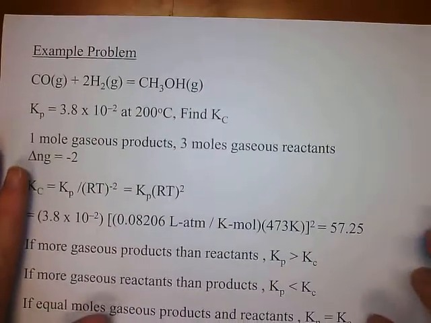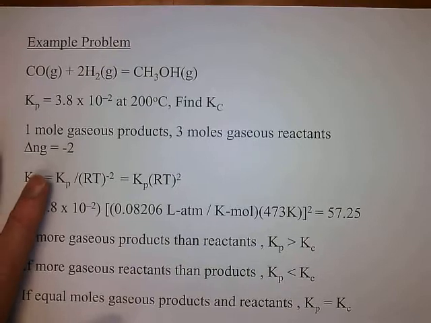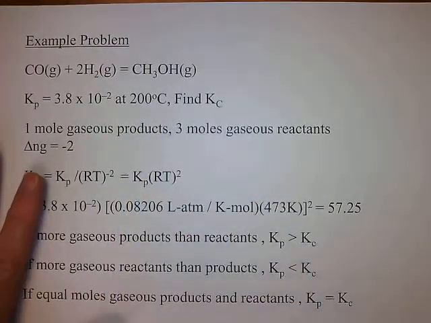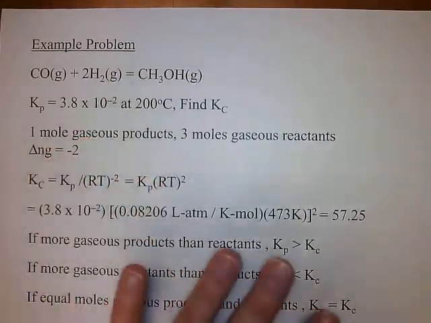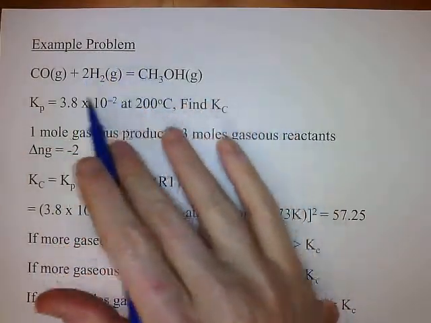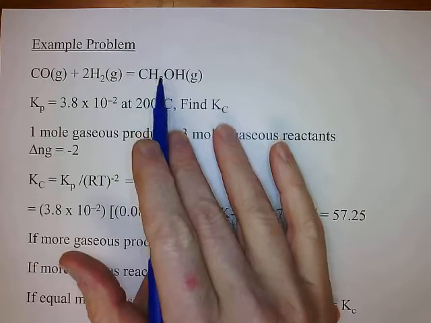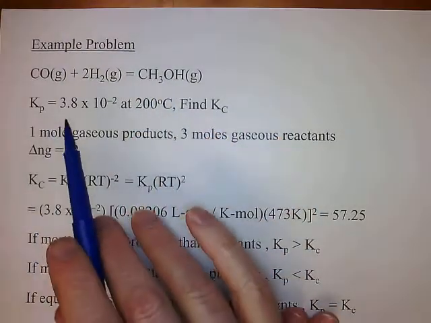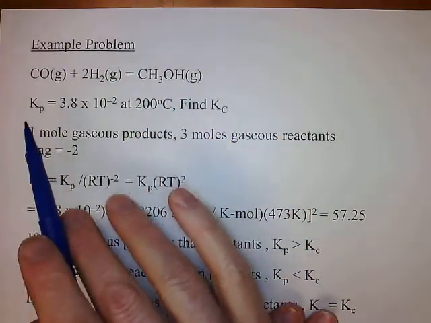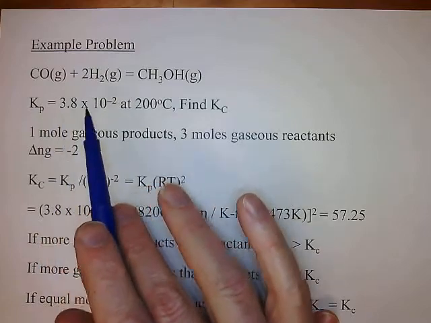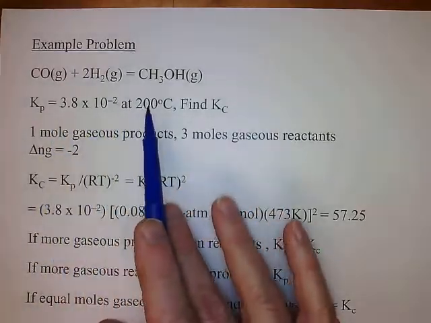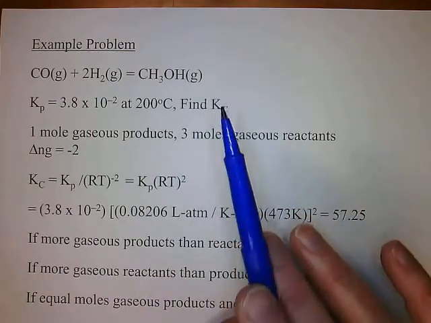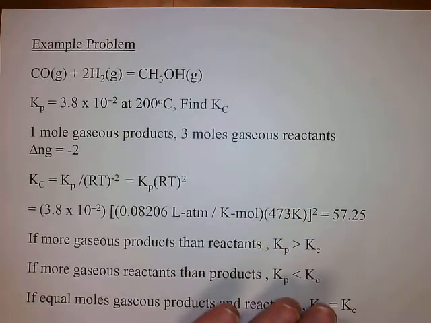So let's work an example. The manufacture of methanol. Carbon monoxide plus hydrogen, all of them are gases, makes methanol. Suppose I tell you that Kp was 3 times 10 to the minus 2 power at 200 Celsius. We want to find Kc.